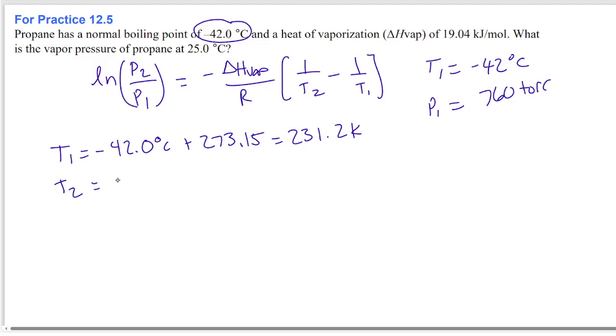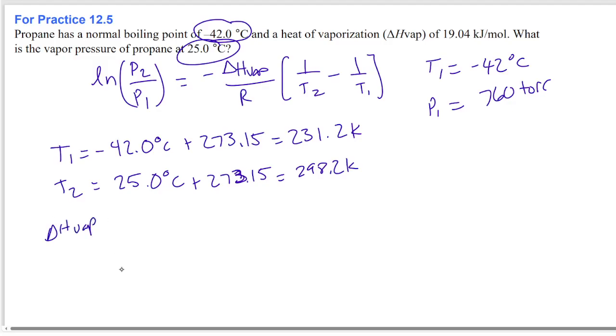T2 is equal to 25.0 degrees C plus 273.15, and that's equal to 298.2 Kelvin, roughly.